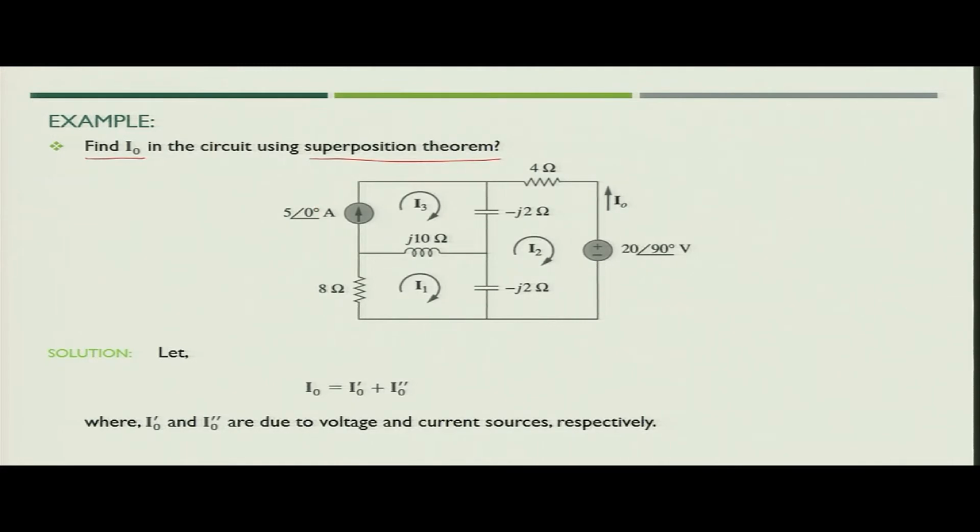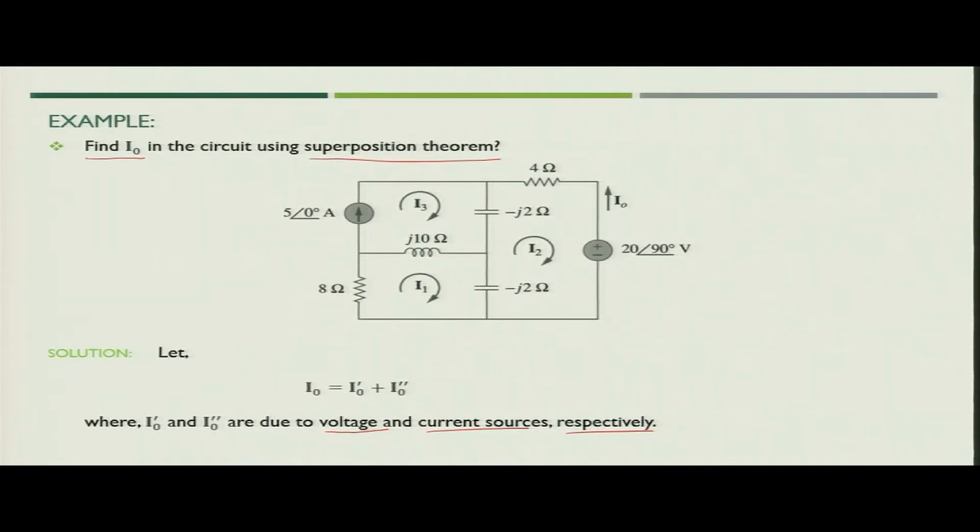Let us assume that the total current is composed of two components, I naught dash and I naught double dash, which are the currents because of the voltage and current sources separately. When you take the voltage source alone, you get I naught dash, and when you take the current source alone, you get I naught double dash. The total response will be the summation of I naught dash and I naught double dash.